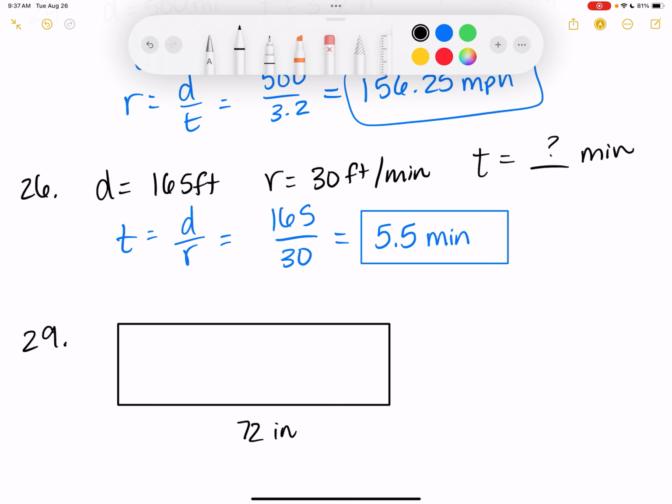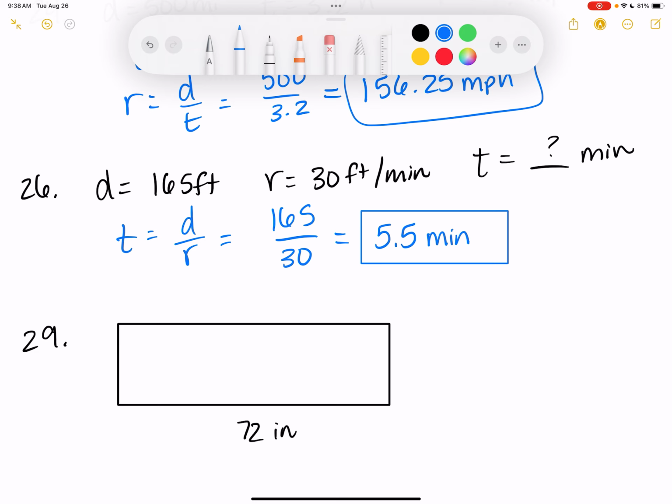You cut the wood into 3 pieces. The second piece is 6 inches longer than the first piece, and the third piece is 6 inches longer than the second piece. Draw a diagram and then write and solve an equation to find the lengths of the 3 pieces. So the first piece, do we know how long that is?